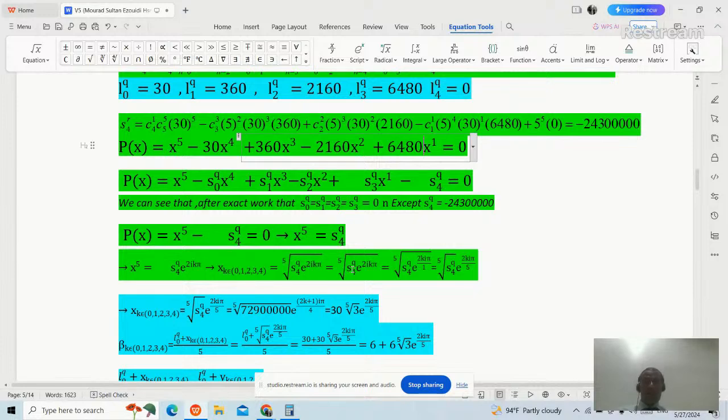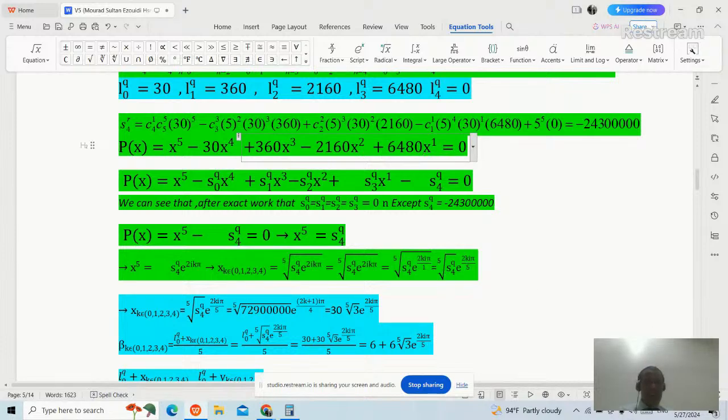Therefore, you can also write the index in the exponential divided by 5, because you are going to divide also by 5. Now I put this outside the root. It will be the fifth root of s4 times e^(ikπ/5).